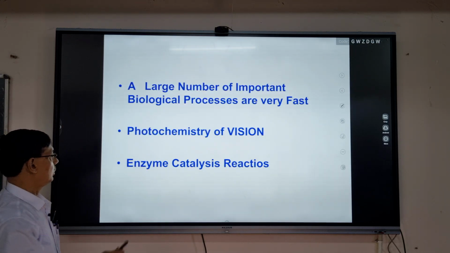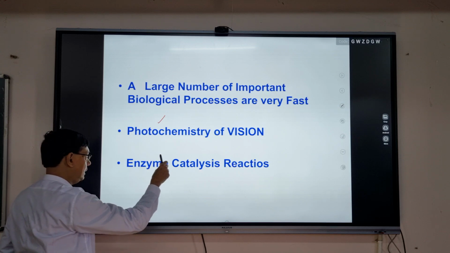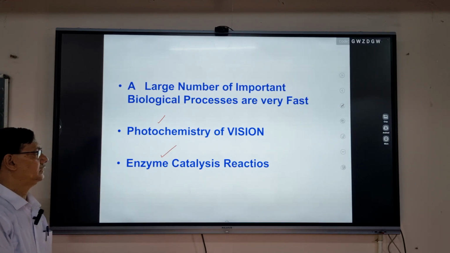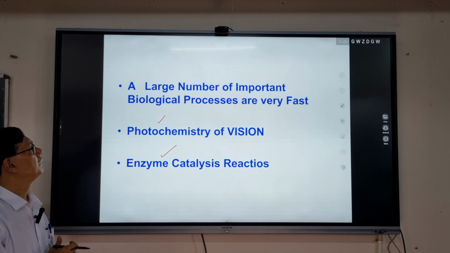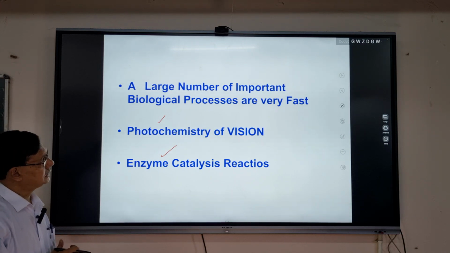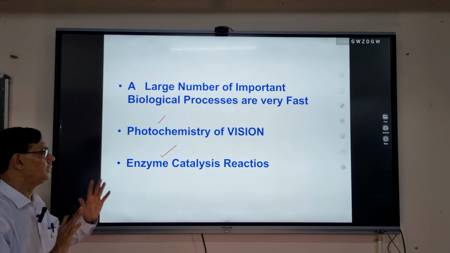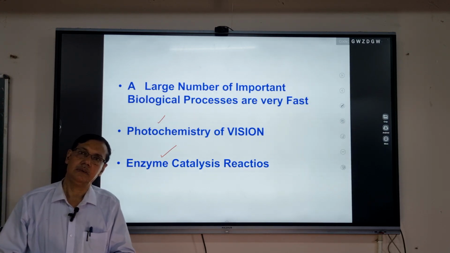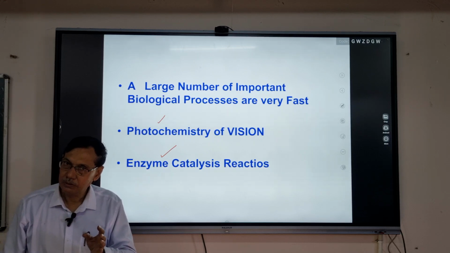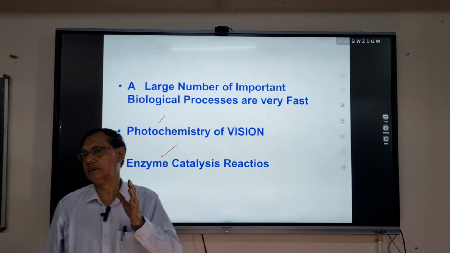Photochemistry of vision, photosynthesis, enzyme catalysis, protein synthesis, there are a large number of reactions that are very fast, and biological processes, you know, there are a large number of processes, but we will not discuss them, because here we are studying the types of fast reactions and the techniques of fast reactions.